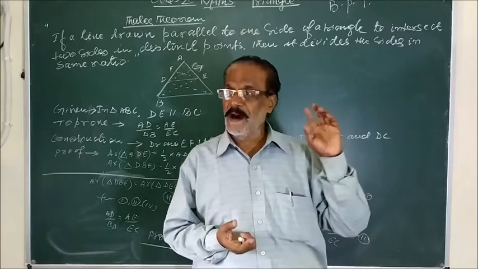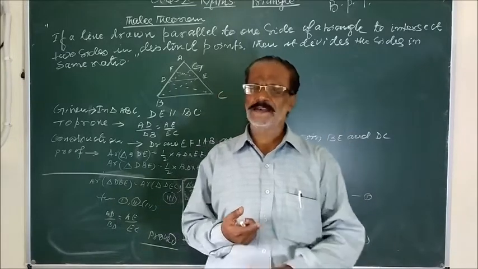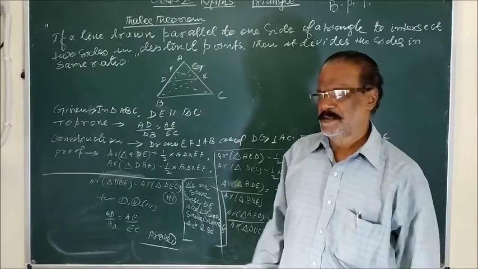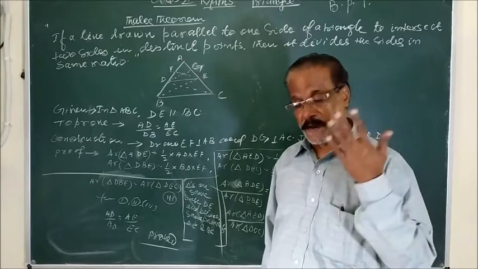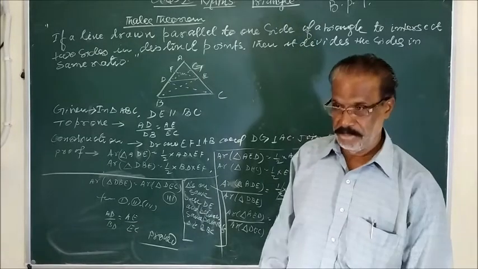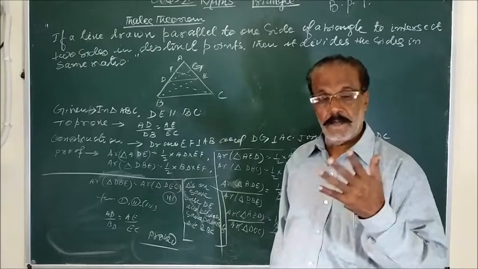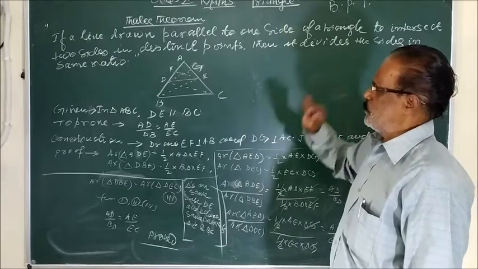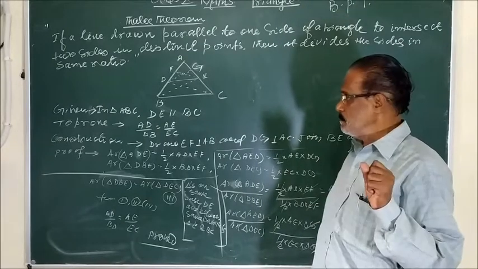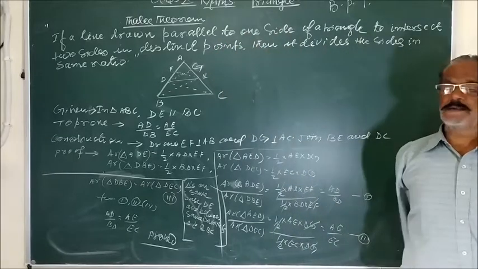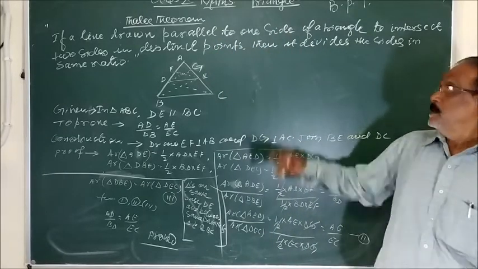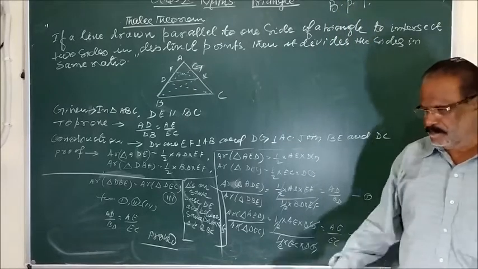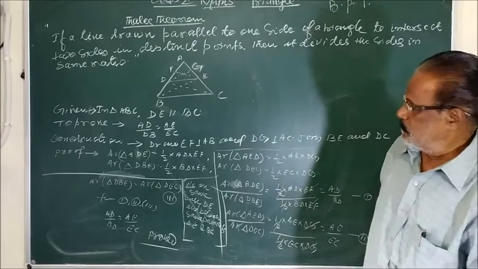If the triangles are equiangular, Thales found their ratio, the ratio of their sides is the same. Their sides are proportional. So on the basis of this fact, he has given a theorem. That theorem is called Thales theorem. It is known as basic proportionality theorem. Very important in geometry.